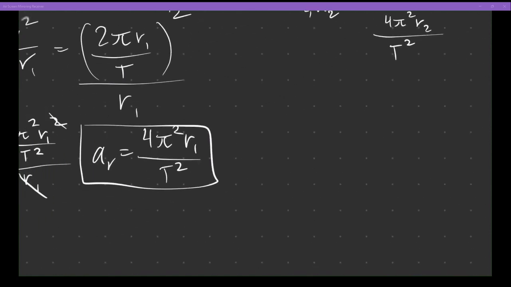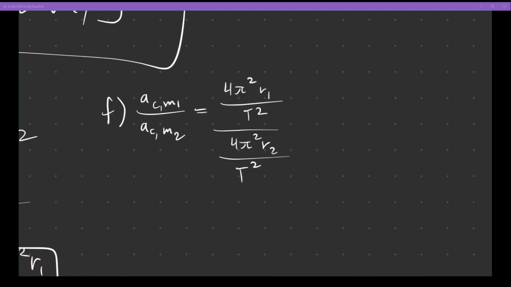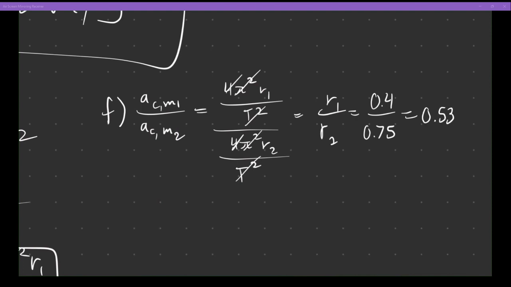Just taking that straight off of here and just changing R1 with R2. And so pi cancels, T cancels, leaving just R1 over R2. R1 is 0.4, R2 is 0.75. Plug that into your calculator, and you should get 0.533, which is the ratio between those two.